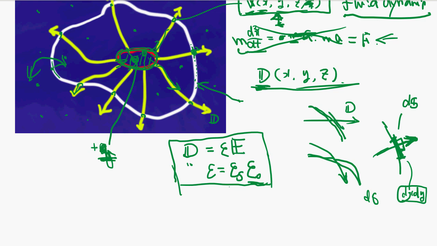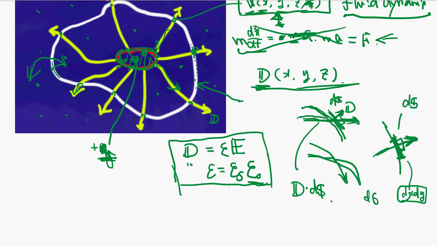And if you use this dS, the amount flowing out is not exactly D, it's going to be D dot dS, because if it's an angled flow, the actual flow is in this right-angle direction.